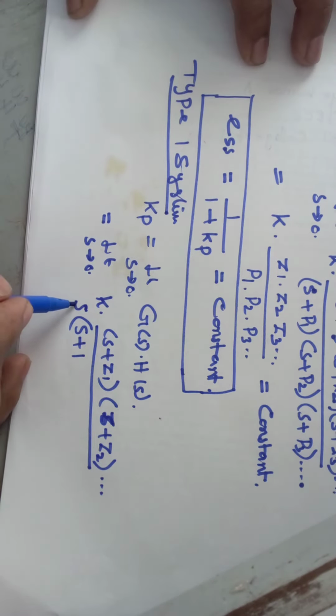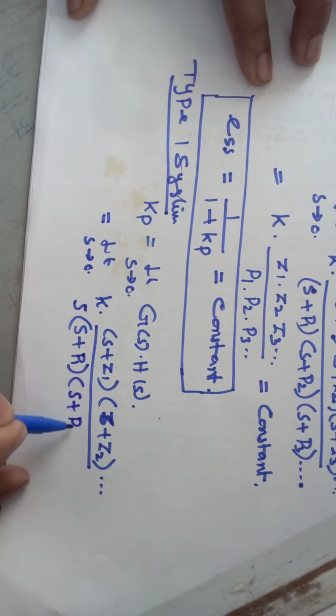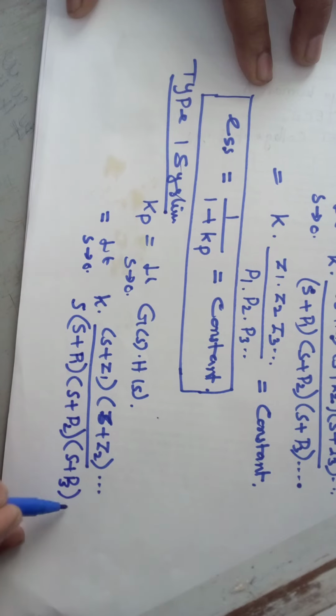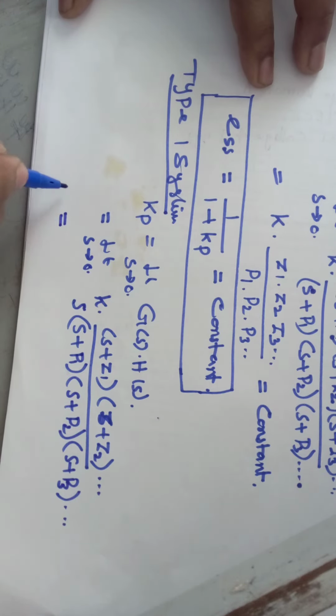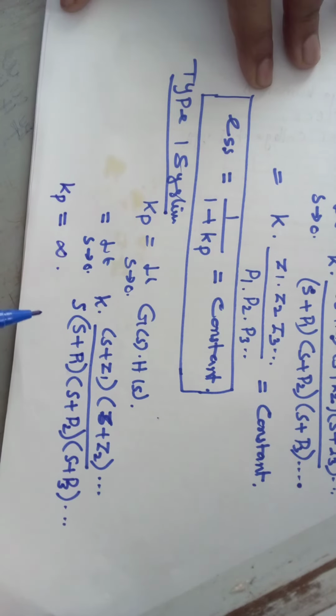That is why it is represented as s (s + p1)(s + p2)(s + p3), etc. So once you substitute s equal to 0 in this equation, the denominator will be equal to 0, and therefore the value of Kp will be equal to infinity in this case.